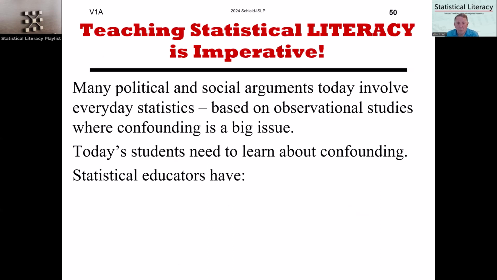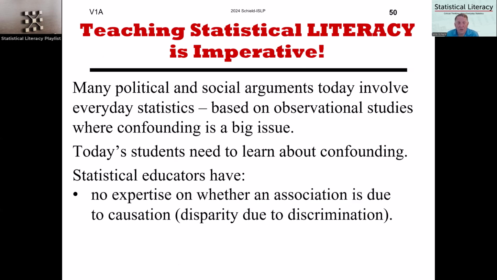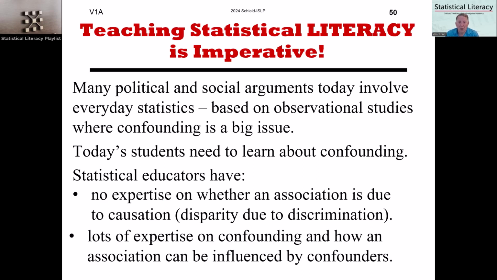So I say students have no expertise on whether an association is due to causation, whether a disparity is due to discrimination. Draw a bright red line. But we have lots of expertise on confounding and how an association can be influenced by confounders.